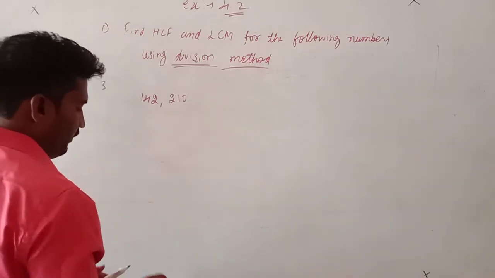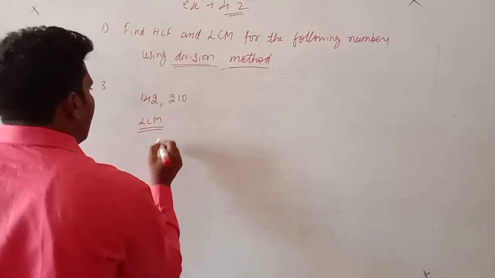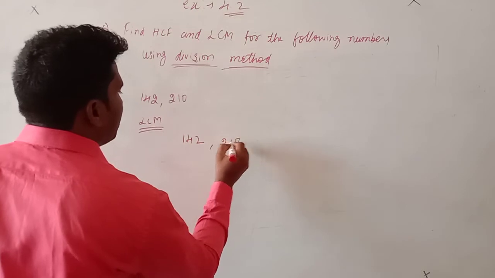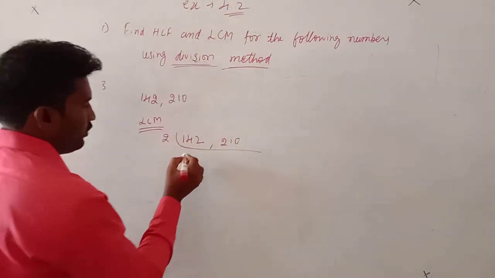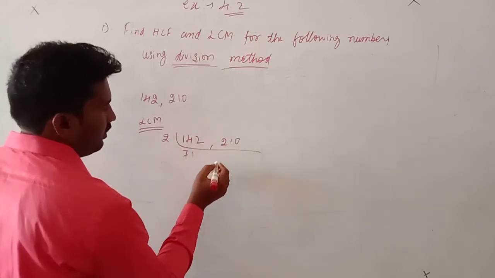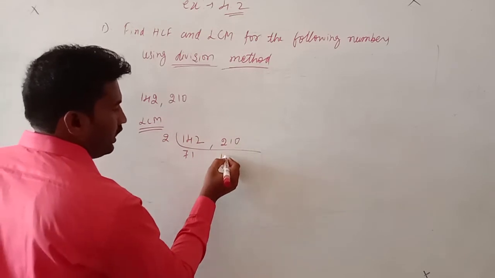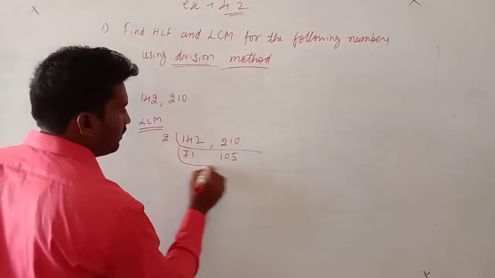So the LCM of 142 and 210. Both are even numbers, so we have to divide by 2. 2 ones are 2, 2 sevens are 14, 2 ones are 2, 2 zeros are 0, 2 fives are 10.